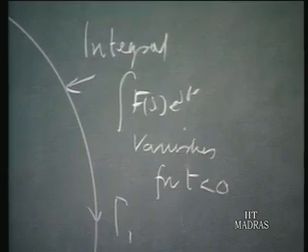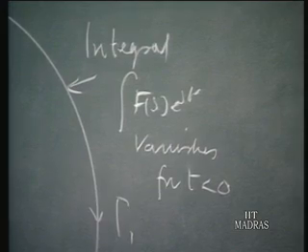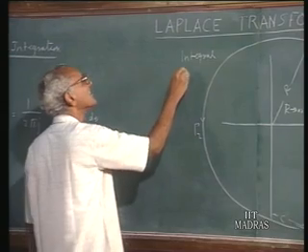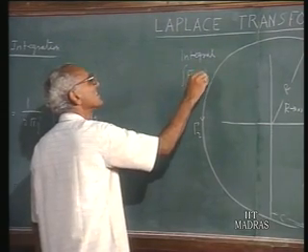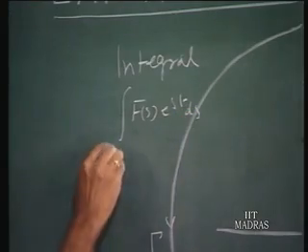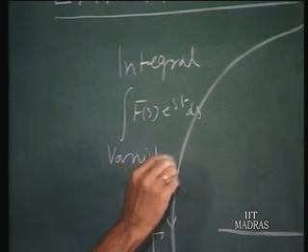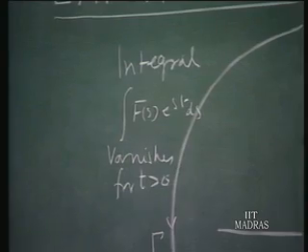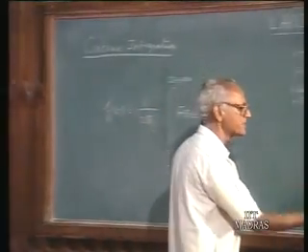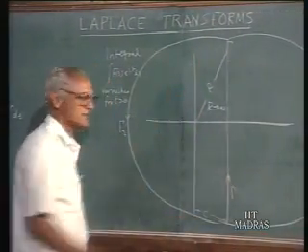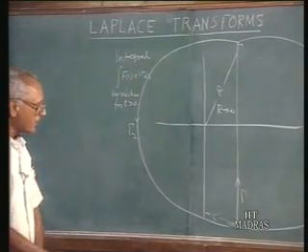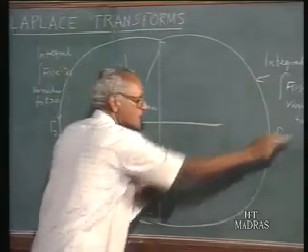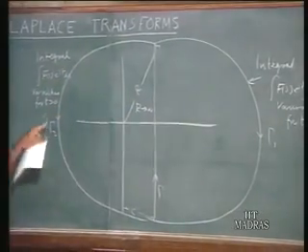On the other hand, if you take it along this contour gamma 2, this integral of F(s) e to the power of st ds vanishes for t greater than 0. Since we want to evaluate this integral along this contour from this point to this point, nothing is lost if we add to this contour this large semicircle for t less than 0 and this large semicircle for t greater than 0.